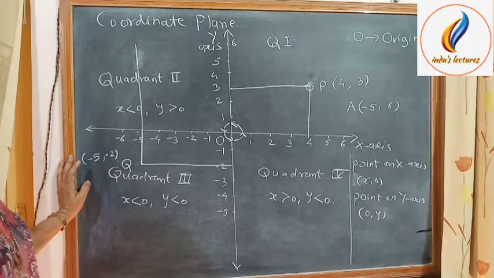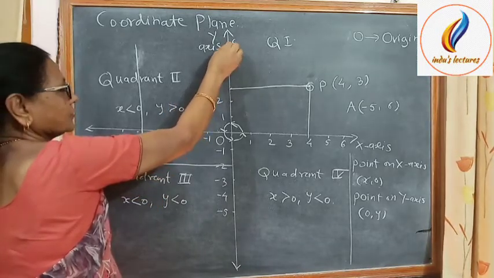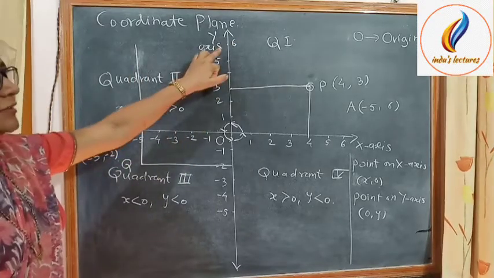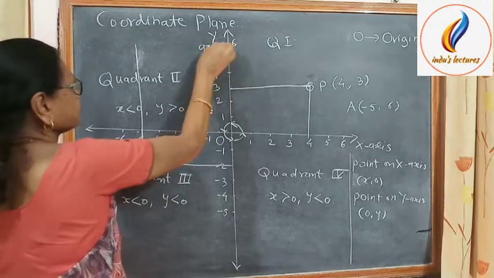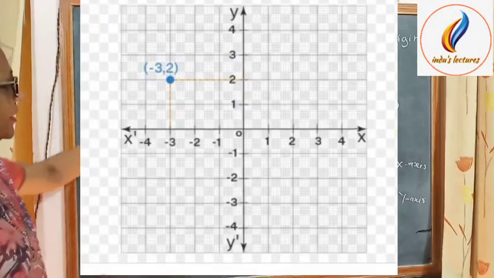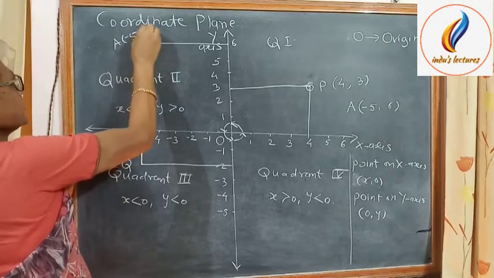So again draw the perpendicular line from 6 units on the y-axis, and the point of intersection of these two perpendiculars is nothing but the position of point A(-5, 6).